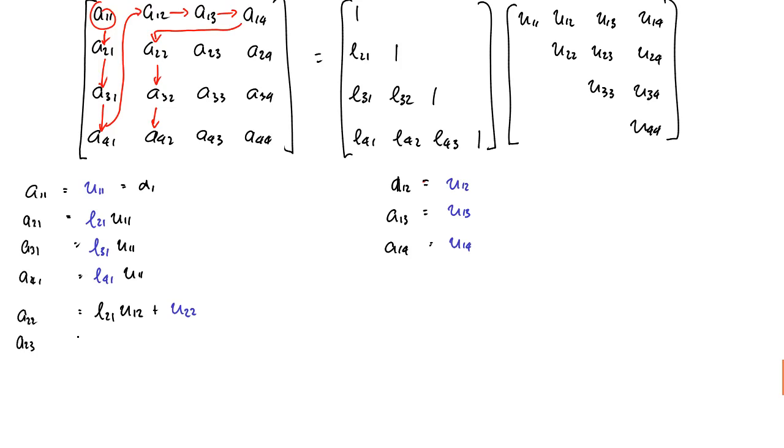A23 equals L31 U13. Is that right? L21 U13. Okay, and we have U13 already from over here, so we can write that one down in black as well. Plus L32. Do we have that yet?